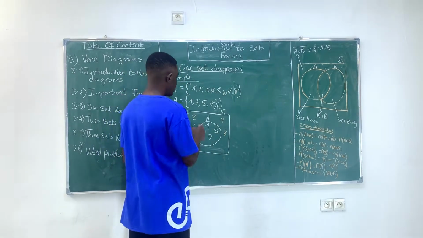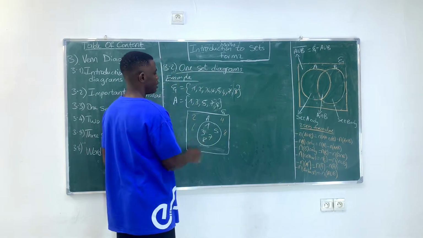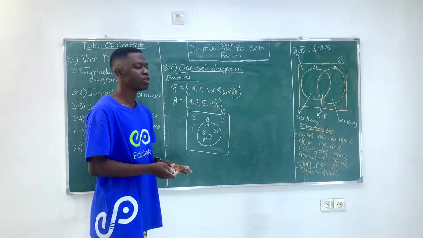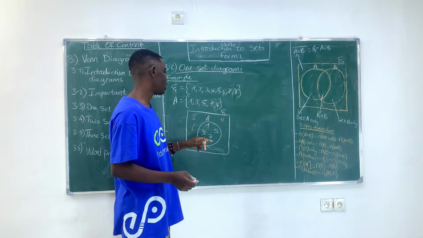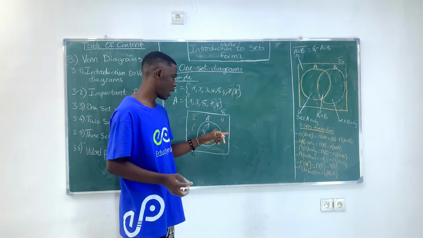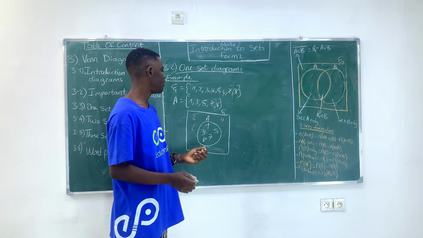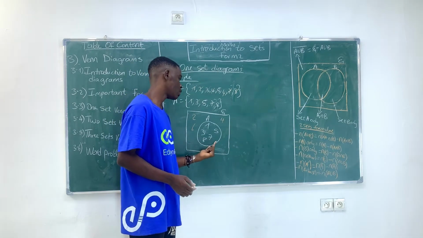I'm going to write the 8 inside A because the number is in A. Consequently, you remove it from outside, because outside there are numbers that are not found in A. If that number is found in A, then it is not supposed to be outside. It's supposed to be in A.